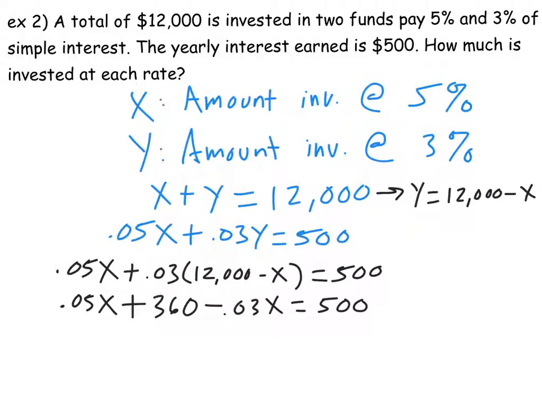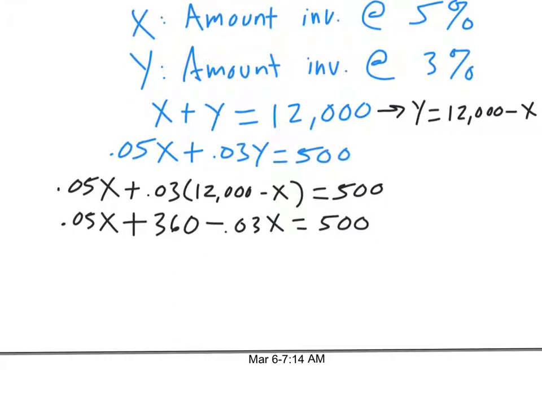So I distributed the 0.03. Let's see, there's two terms here with x's. Those are like terms. So I'll say I've got 0.02x if I combine them. Then I should subtract 360. I get 140.